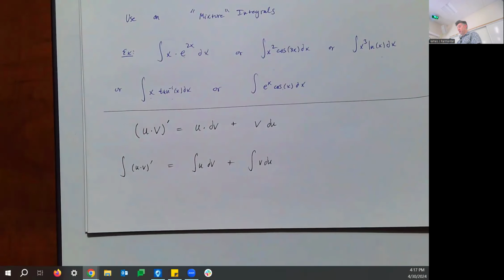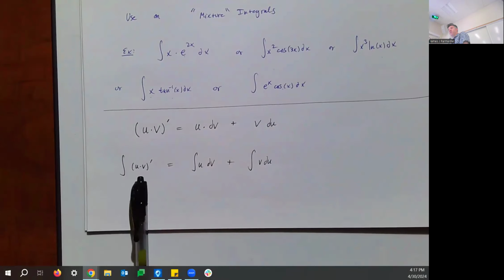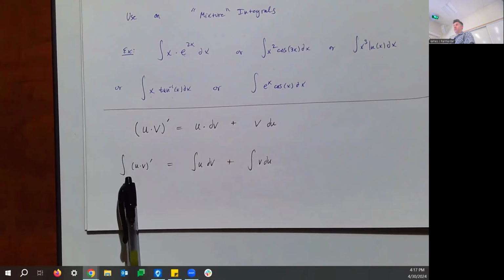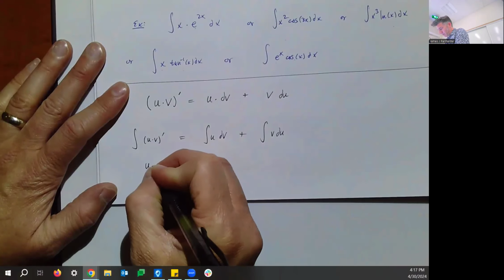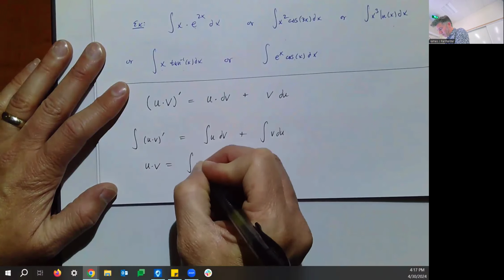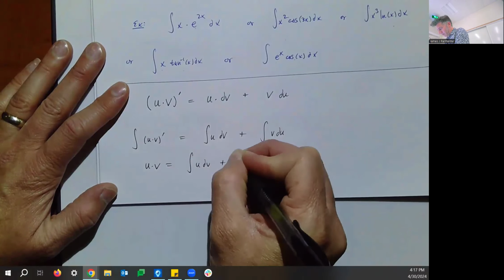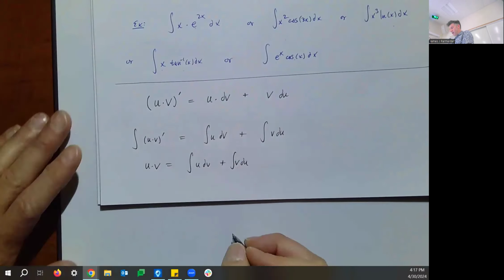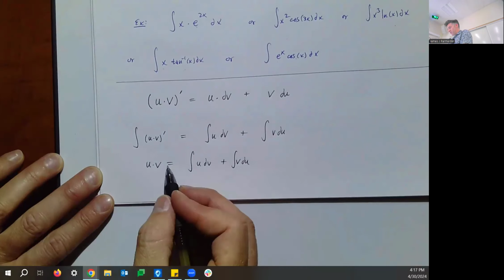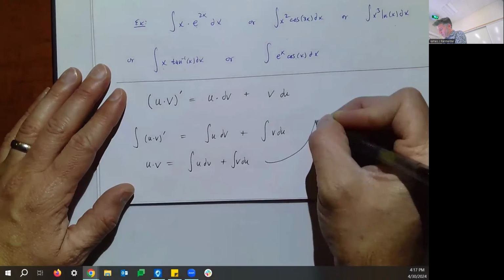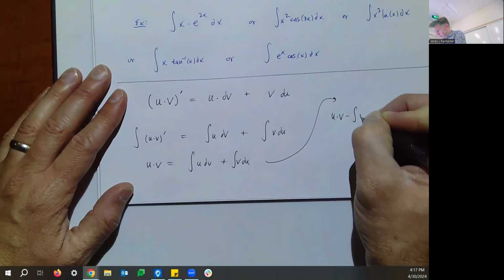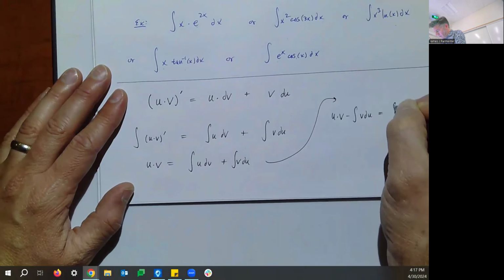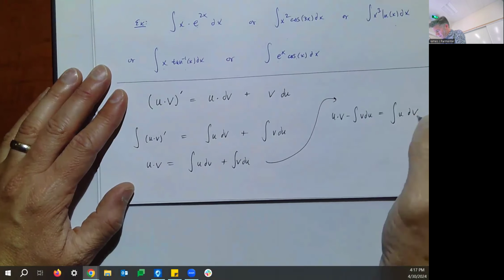The antiderivative of the derivative of u times v is just u times v. So we get u times v equal to the integral of u times dv plus the integral of v times du. Then we subtract the integral of v du from both sides to get that u times v minus the integral of v du is equal to the integral of u times dv.